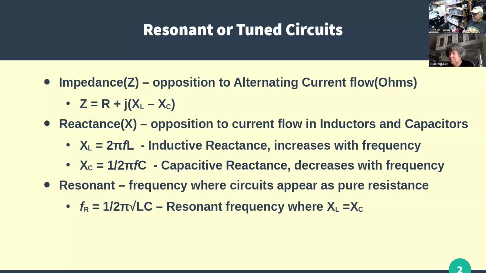So when we talk about the individual inductors and capacitors, we refer to their opposition as reactance, and we use the capital X to represent that, where we use the capital Z to represent impedance.